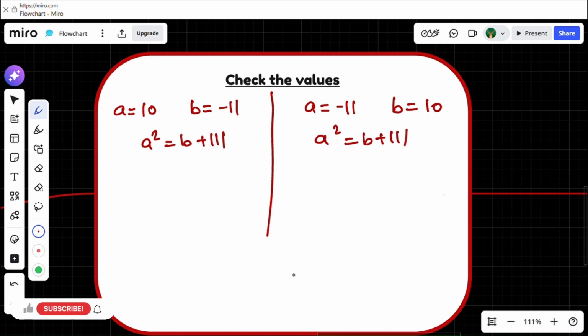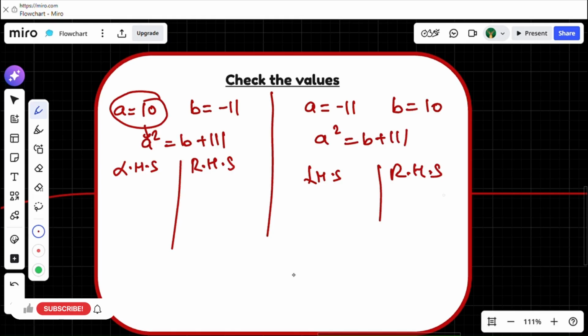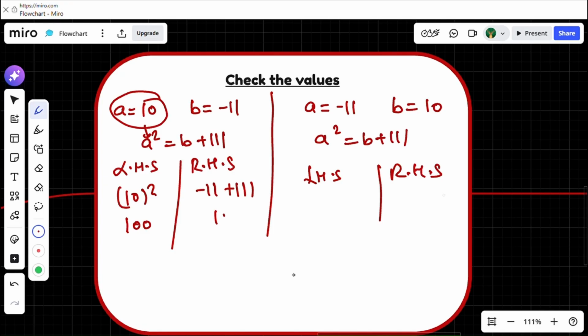So we can divide it into 2 parts, LHS and RHS. We can put the value in this part, LHS. 10 whole square is 100. Now we can put this part, minus 11 plus 111 is equal to 100. So here the value is correct.